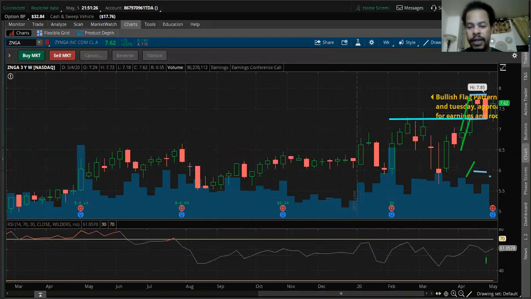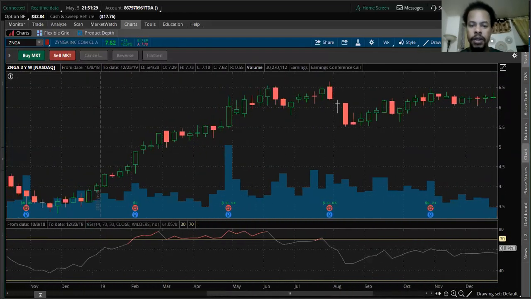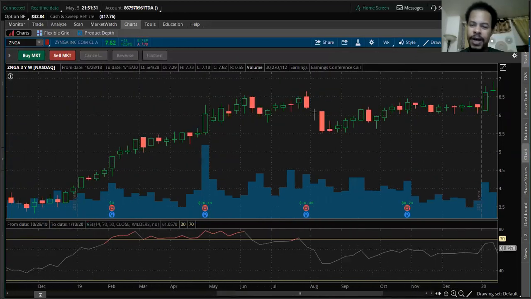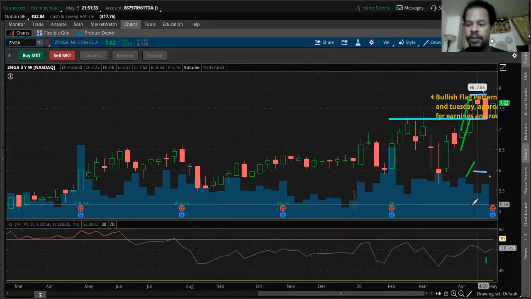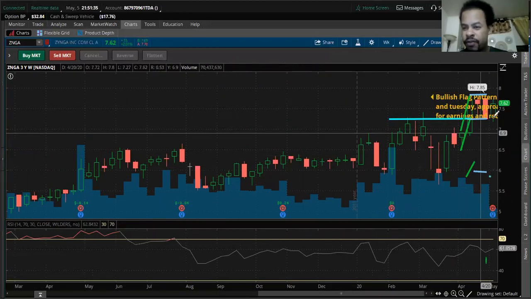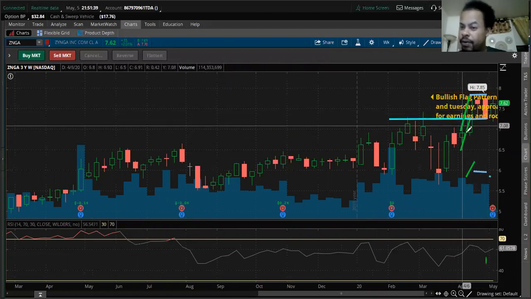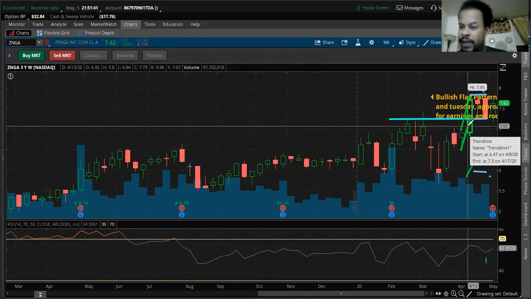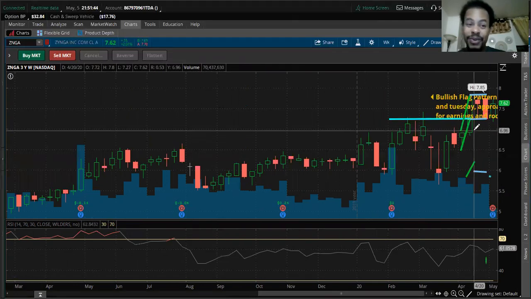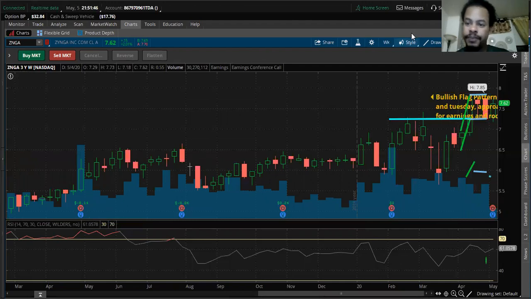You could analyze that type of data. Looking at the weekly, we have a positive trend for the last 5 years or so for Zynga. This is the stuff that I did for the daily, but it looks weird on the weekly, and that's going to happen.